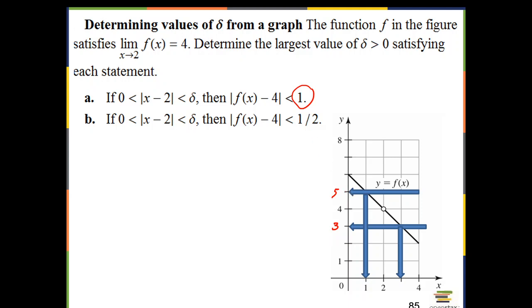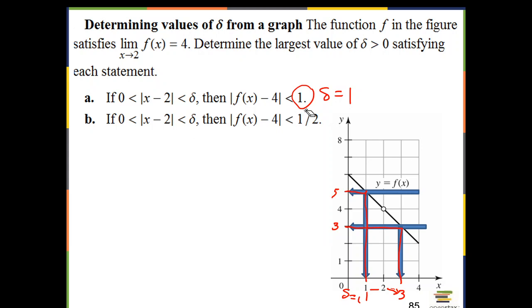Now from 5 I go to the graph and then go down to the x-axis, and from 3 I go to the graph and I go to the x-axis, so I hit 3 and I hit 1. Now what is my delta? Well, notice that the distance from 2 to 3 is 1 unit, and the distance from 2 to 1 is 1 unit, so my delta is 1. So delta here is 1.